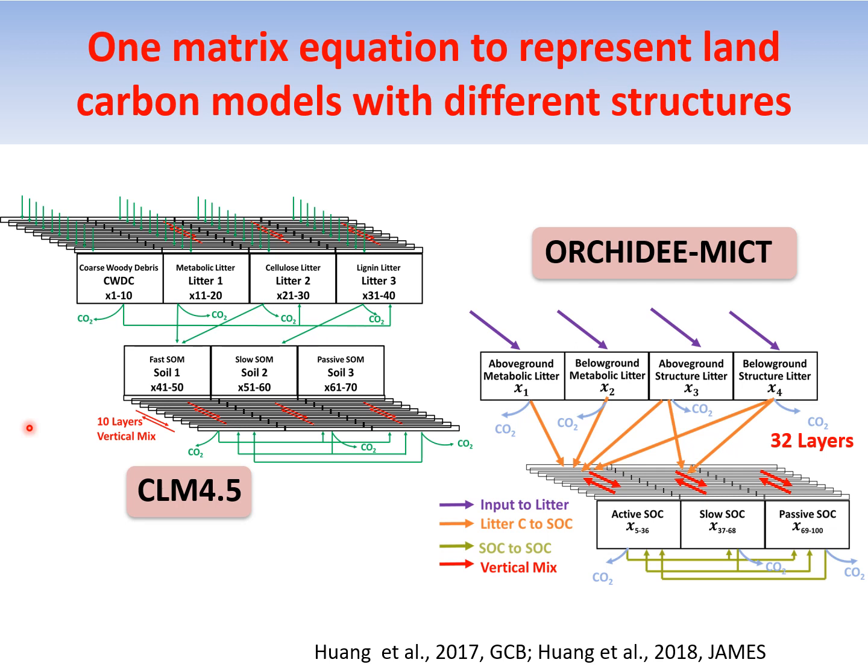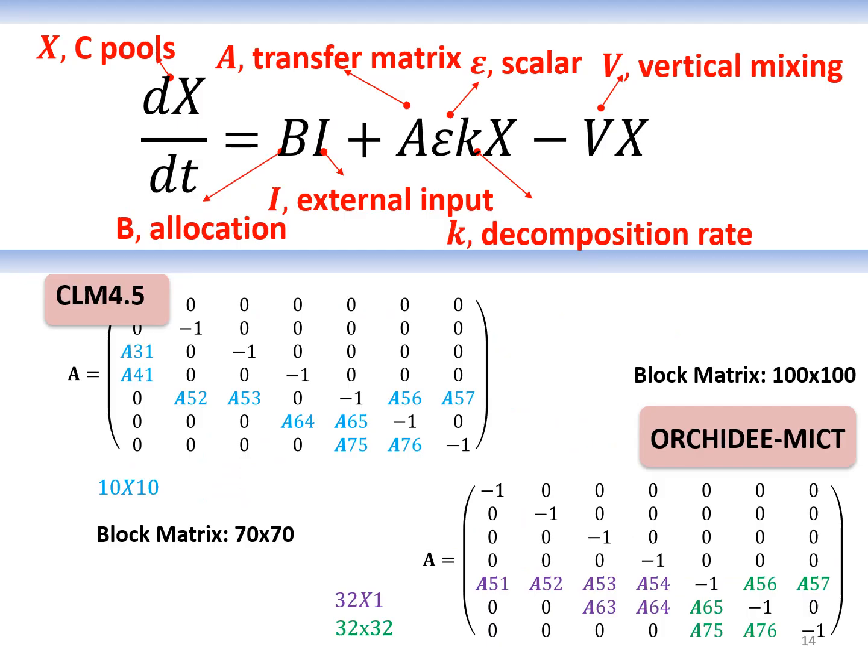CLM 4.5 tracks coarse woody debris, metabolic litter, cellulose litter, and lignin litter, and also fast, slow, and passive organic carbon in 10 soil layers. Different from OKD mix, CLM also tracks the vertical distribution of litter. The matrix equation here takes a similar form, but items in each matrix are different.